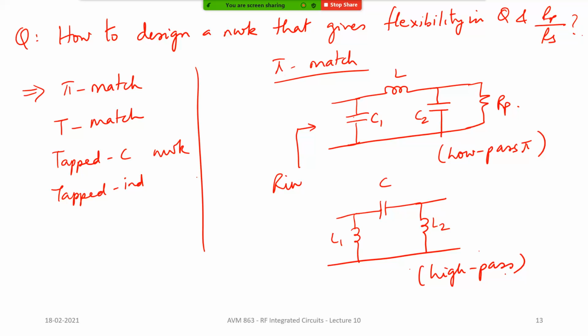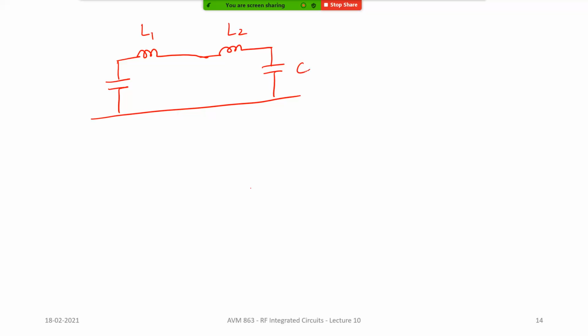Now the way to analyze this pi network is like this. This pi network can be decomposed into 2 L match networks. This L itself is decomposed into, let's say, L1 and L2, and this is C1 and C2.